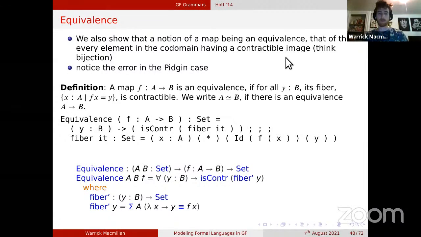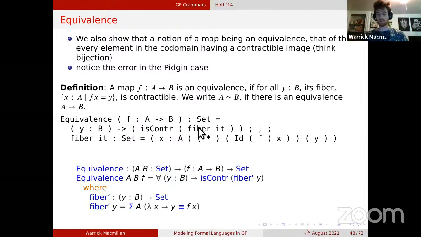So here's a different case of definition that says an equivalence, which is more or less a way of thinking about bijection in a more modern sense. But there's an error in this. The error is in the logical or pigeon programming language syntax. So we say a map is an equivalence if for all points in that codomain, the preimage over the map is contractible, or we can also say that 2 types are equivalent if there exists a map between them that satisfies this property.